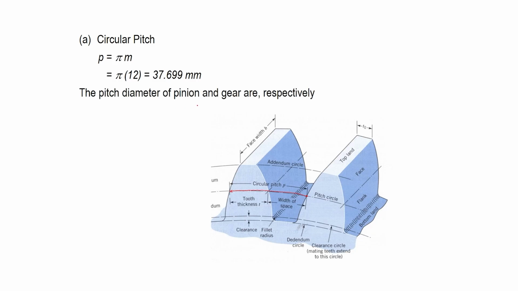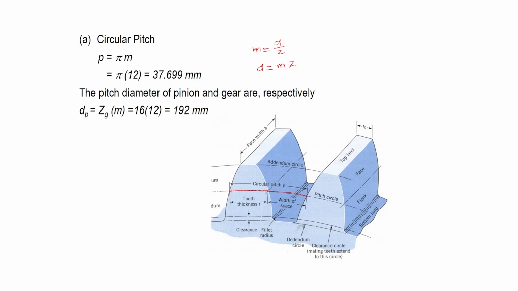The pitch diameter of pinion and gear are respectively, from the definition of module, m is equal to pitch diameter divided by number of teeth. So, pitch diameter d will be given by m multiplied by z.